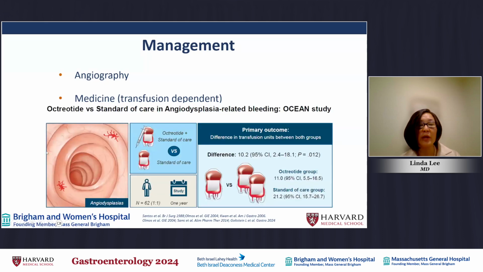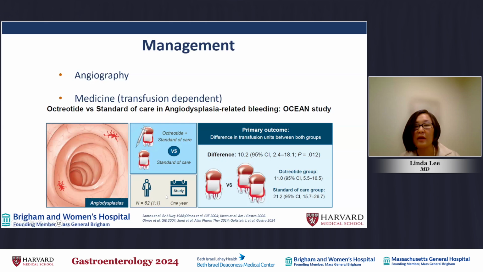And I did want to point out this recent RCT that looked at octreotide, which was given as a monthly IM injection versus standard of care in patients with angiodysplasia-related bleeding. These patients were followed, the study went on for a year.